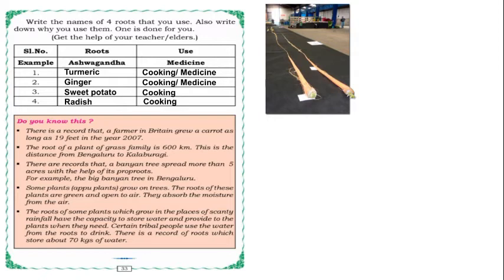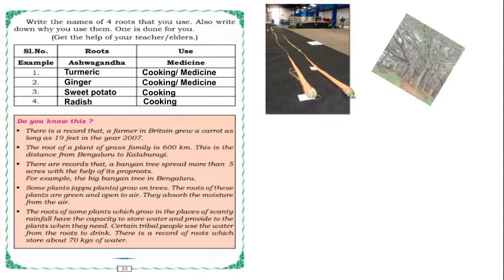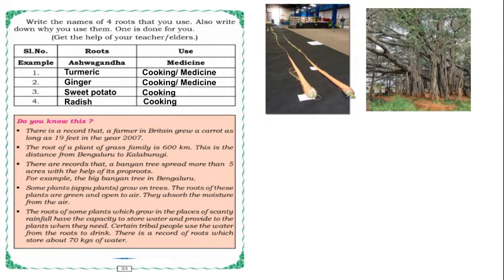And there are records that a banyan tree spread more than 5 acres with the help of its prop roots. For example, the big banyan tree in Bangalore. You can observe it in the picture.